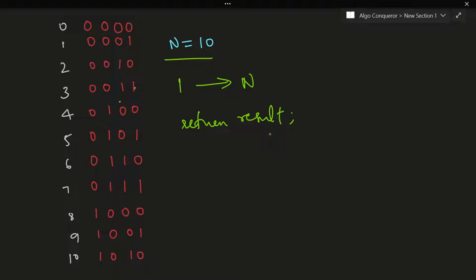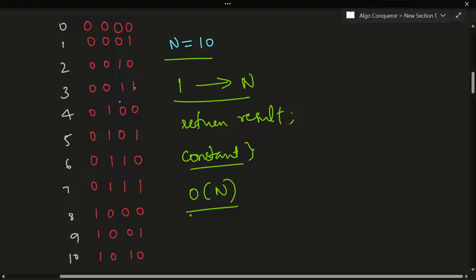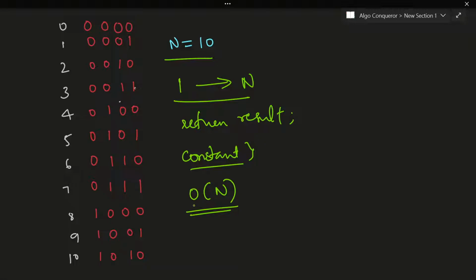If we say that counting the set bits in a number takes constant time, then the time complexity for solving this will become big O of n, because we are starting from 1 and going till n. For every number we are counting bits, which is taking constant time, let's assume. So it will take big O of n time if we solve this in a brute force way.